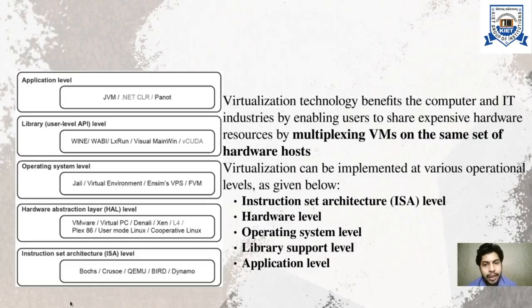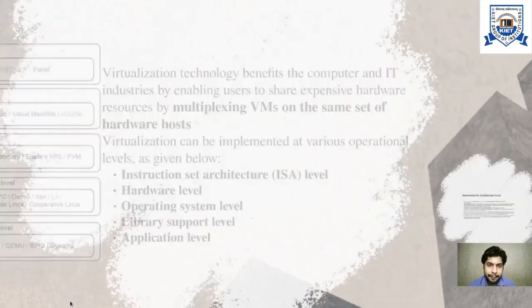So in order to interact with the operating system, the application uses certain APIs and libraries. That's why just above the operating system there are 2 layers. One is the library layer and the other one, which is at the top, is the application level. So on these 5 layers we are going to implement the virtualization technique. So let's start.